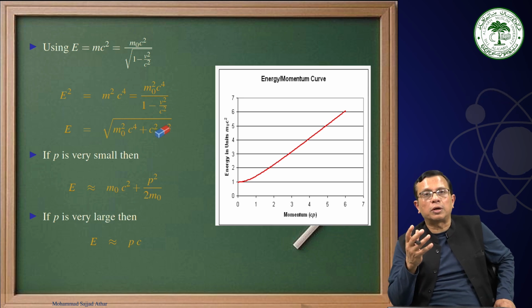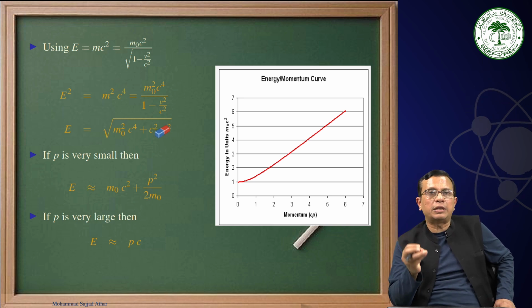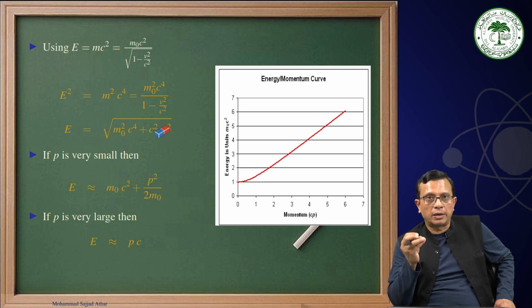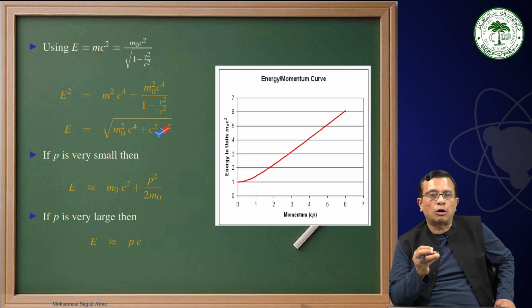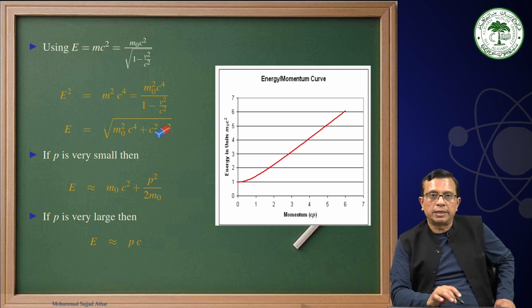Now, there can be two possibilities. If the momentum of the particle is much smaller than, or the kinetic energy of the particle is much smaller than the rest mass energy, then what does that mean?